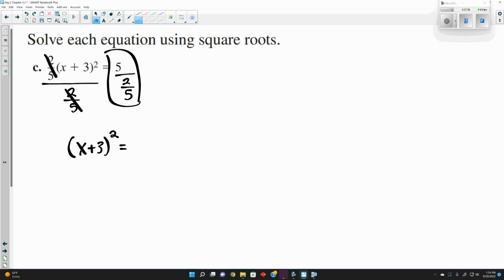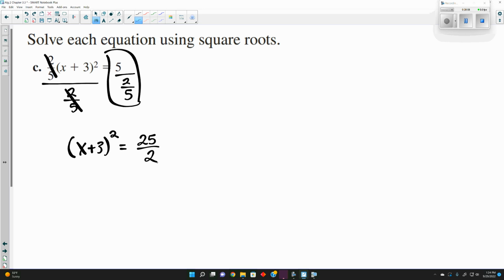We can do 5 over 2/5 and get 25 over 2. Now with all these here, especially if we know we're going to have to take a square root eventually, it's going to be better to leave these as a fraction, not as a decimal. Questions on this so far?